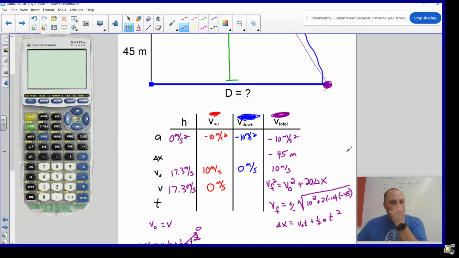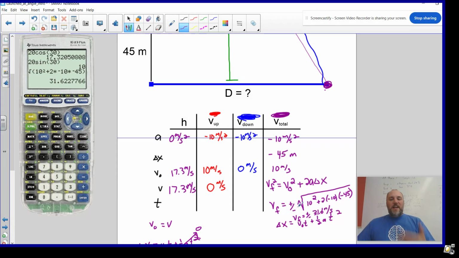And when I do that, just like when I did the quadratic formula, I'm going to end up with 2 results. So I put in the square root of 10 squared plus 2 times negative 10 times negative 45, and I end up with 31.6 meters per second. So the final velocity is plus or minus 31.6 meters per second.